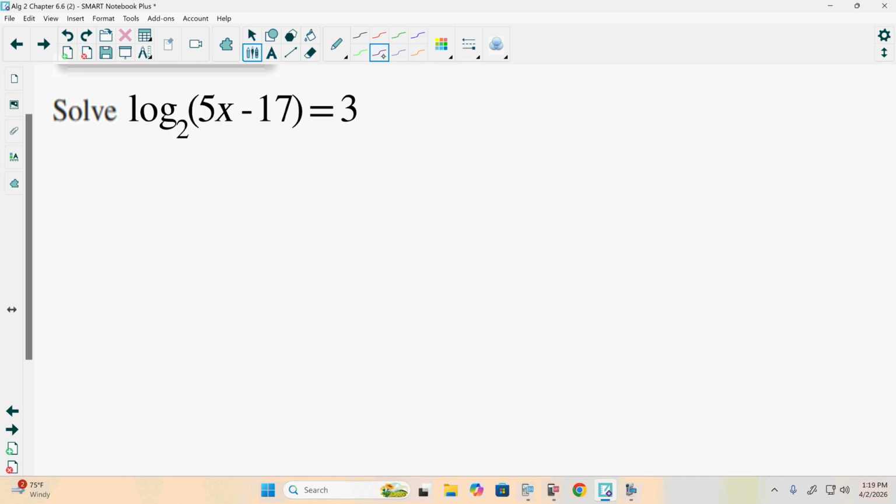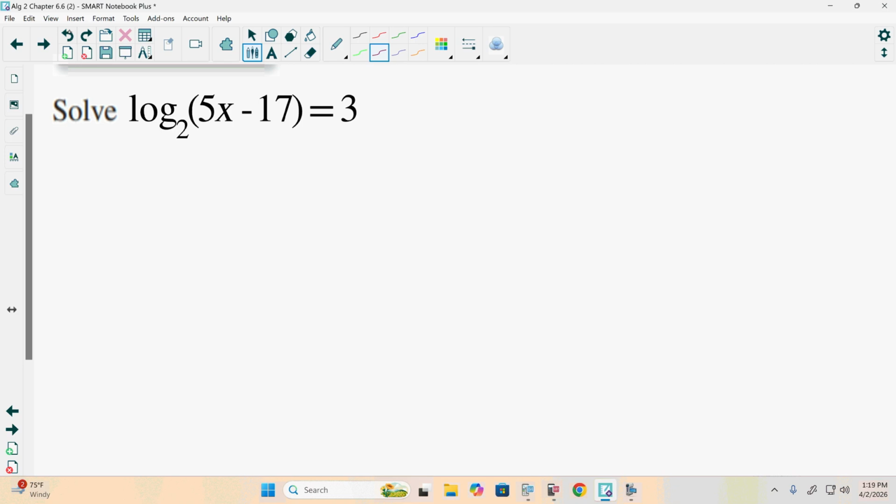That works fine as long as I don't have a number outside of the log, a number by itself. Because as soon as we get that, like this 3 here, I need all the logarithms on one side. If I have 2 logarithms and a number outside, we use our properties of logarithms to make them 1, so that we have one term on either side.